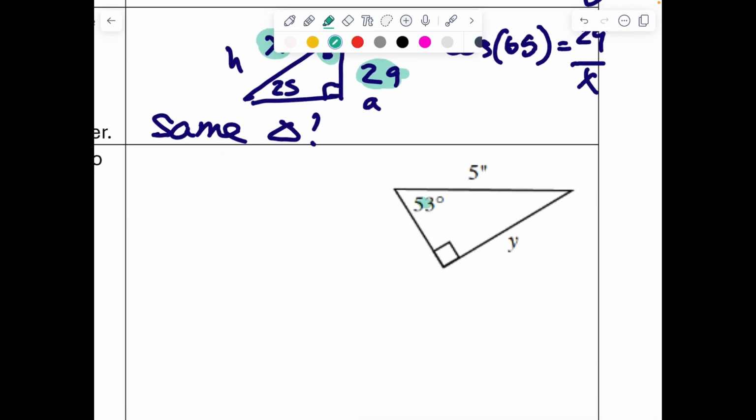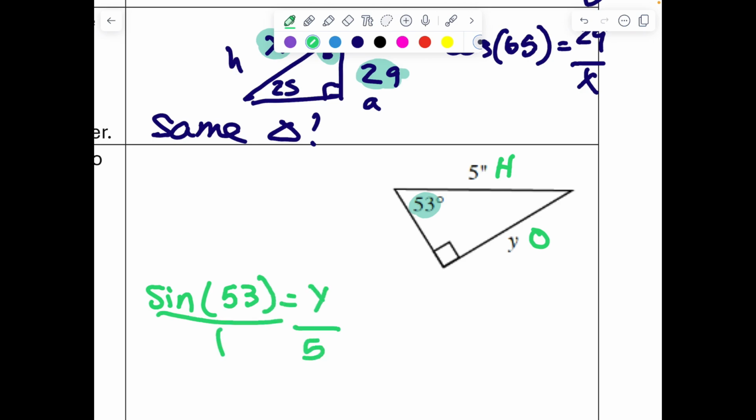So we're going to solve for y here, do this two different ways. All right, so we could start with the 53. I'm going to color code this. So this is the opposite side and the hypotenuse. So this would be sine of 53 would be y over 5. And then if we cross multiply those, y equals 3.99. And then let's say instead we want to do this angle right here, and that angle would be 37, right?